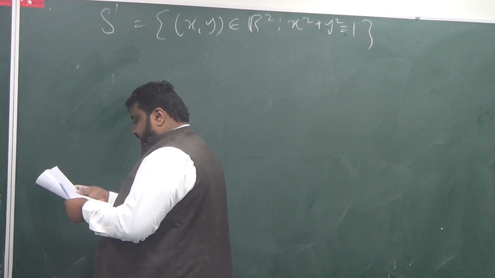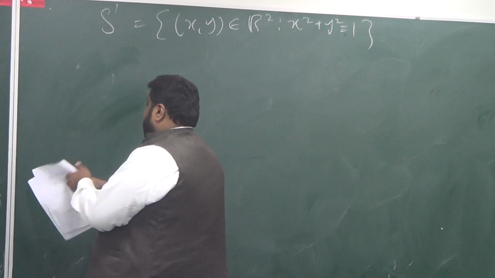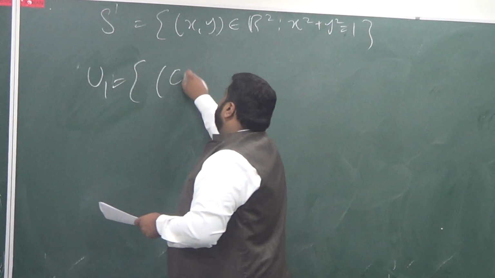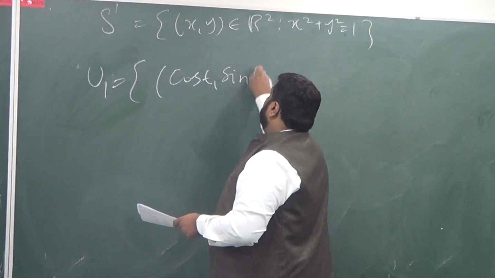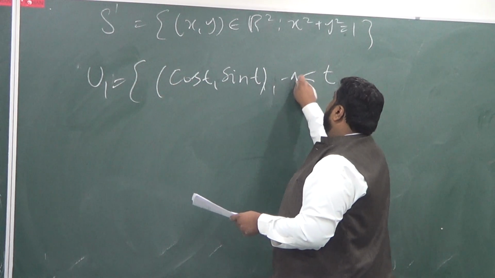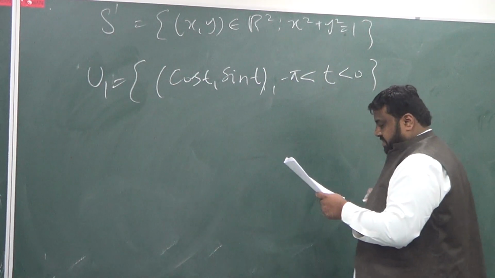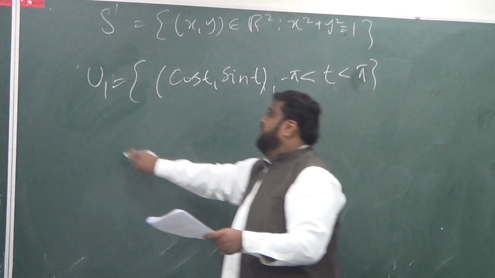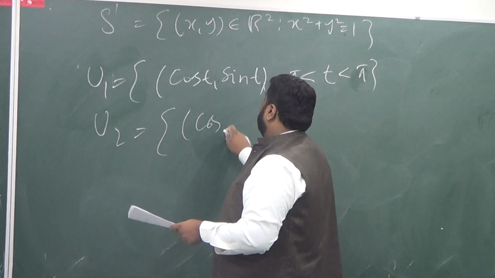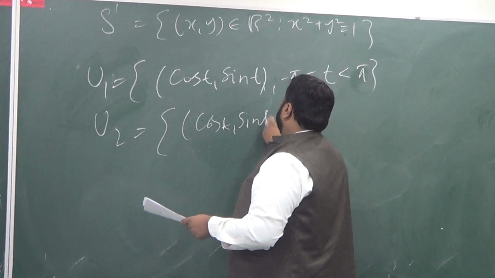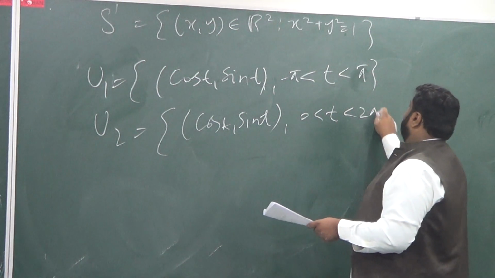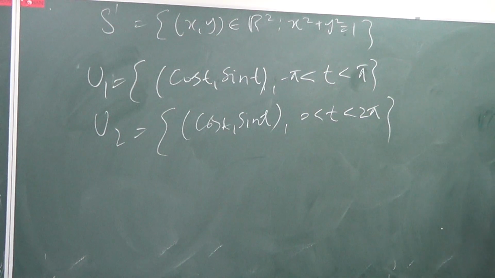Let me recall what U1 was. U1 is the collection of (cos t, sin t) such that t is between minus pi and pi. And U2 is (cos t, sin t) where t is between 0 and 2 pi. Are you getting the point?